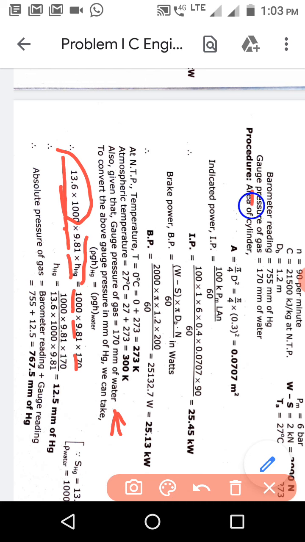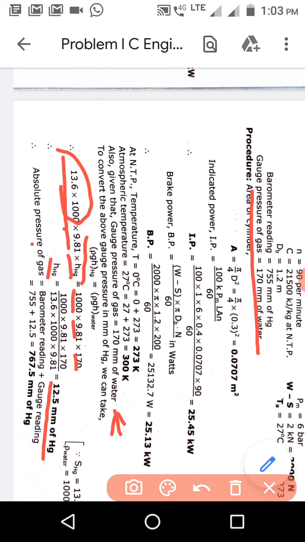The gauge pressure of gas is given in water column, that is 170 mm, and we are converting it into mercury column. By using this method, we have converted this 170 mm of water into 12.5 mm of Hg.